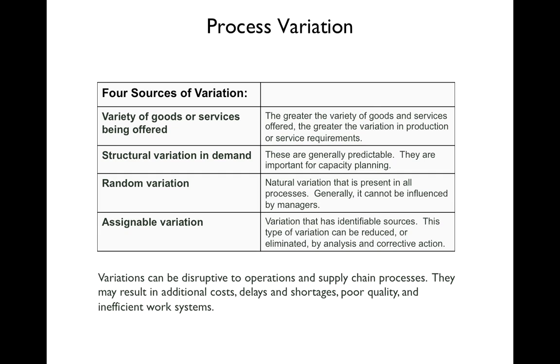So when he's getting ready to make a salad, he just opens the door. That's an example of assignable variation, where you know how long that's going to take, and you actually correct it. Variations can be disruptive to the operations supply chain process. They can cause additional costs, delays, shortages, poor quality, and inefficient work systems.